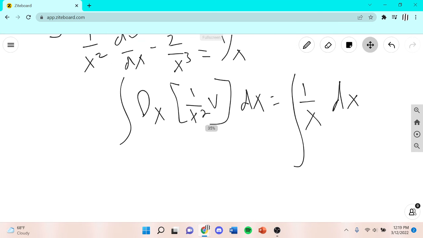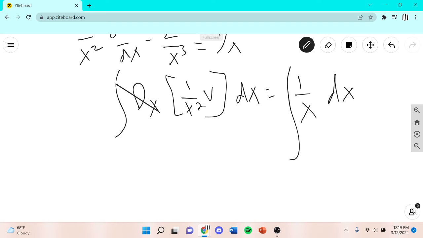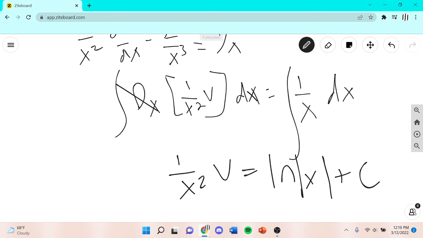So now these just cancel out, so it just becomes 1 over x squared times v is equal to the integral of 1 over x, which is equal to ln of x, and remember we have to include the c here.